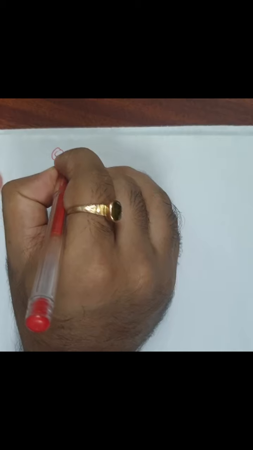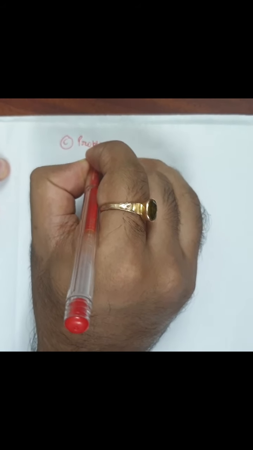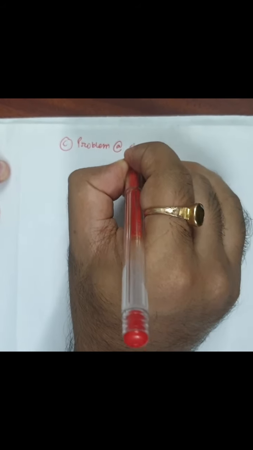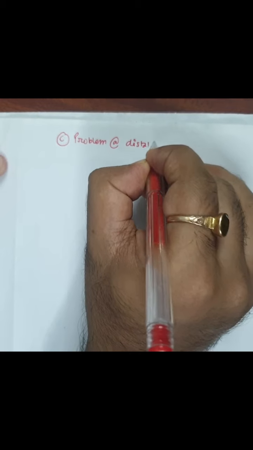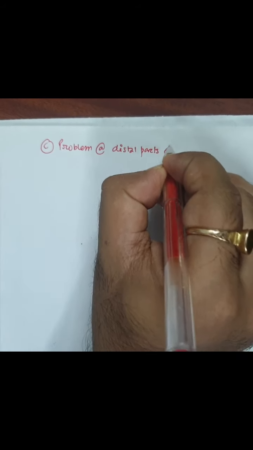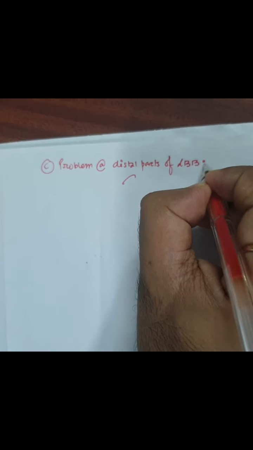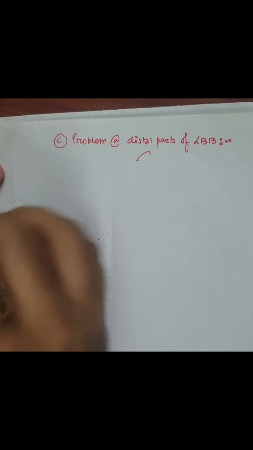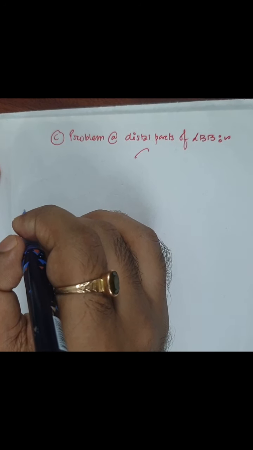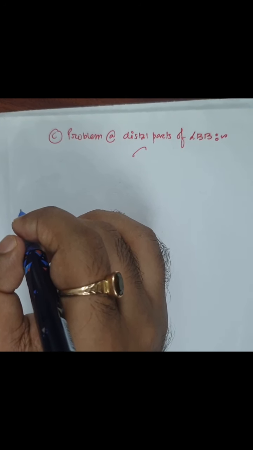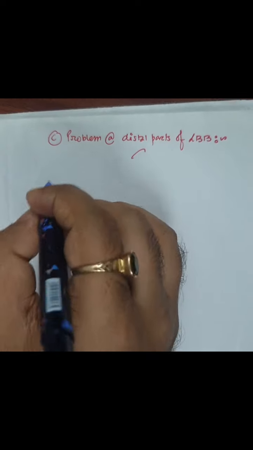So the third category is a problem occurring at the distal parts of the left bundle branch. In this left bundle branch distal part problem, the problem is mainly at the anterior fascicle and the posterior fascicle.